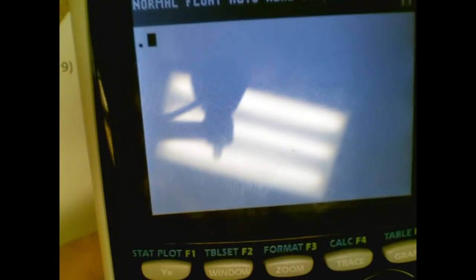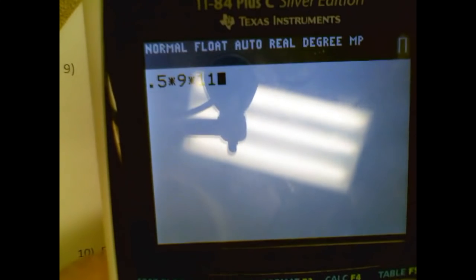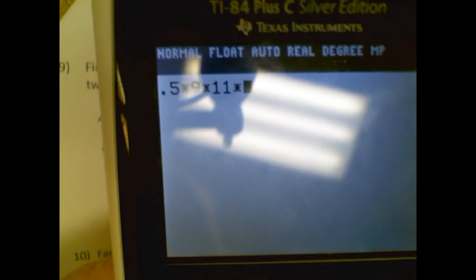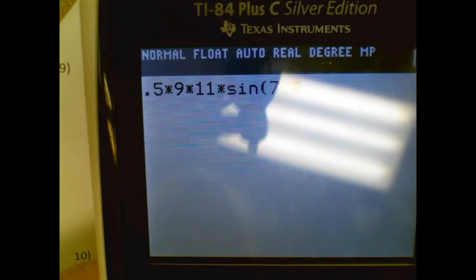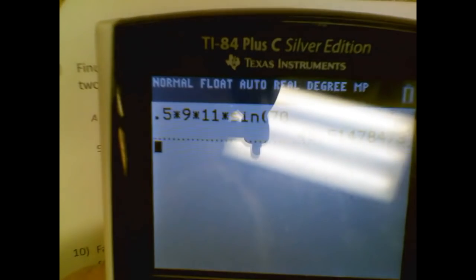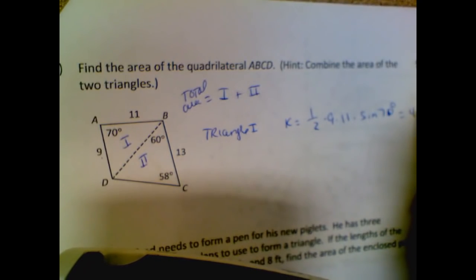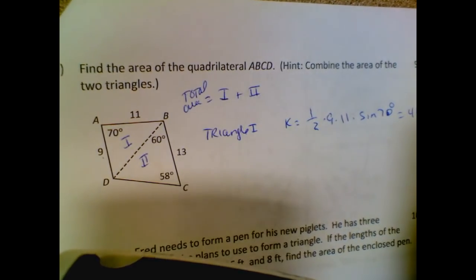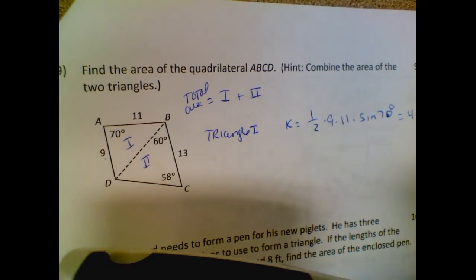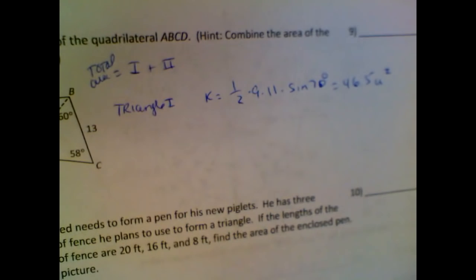So area number 1 is, I always put 0.5 in for 1/2, times 9 times 11 times sine of 70. So you get 46.5 units squared.